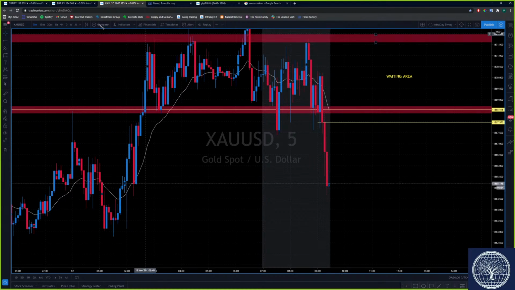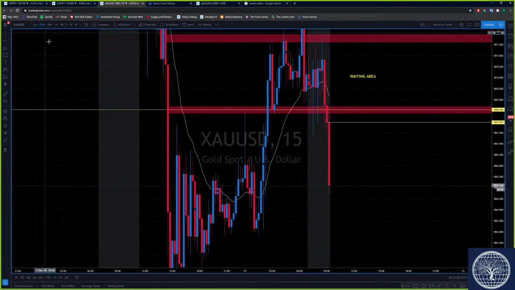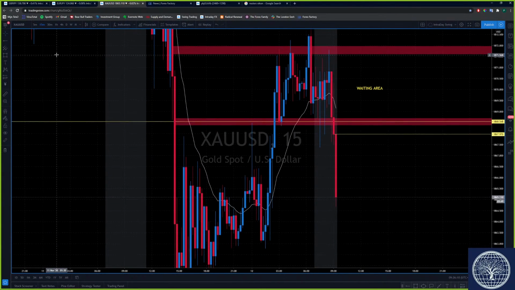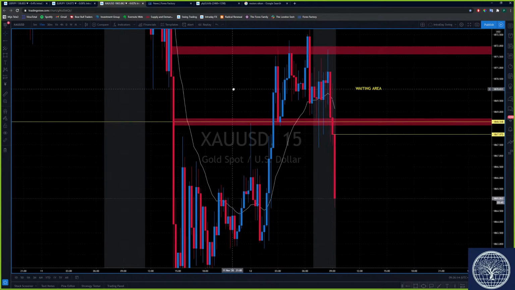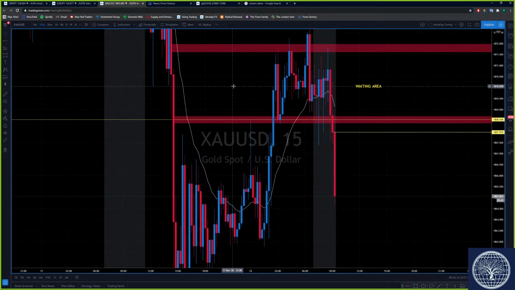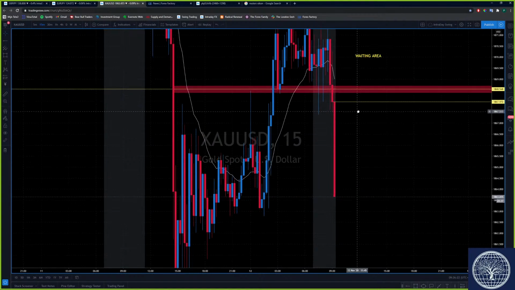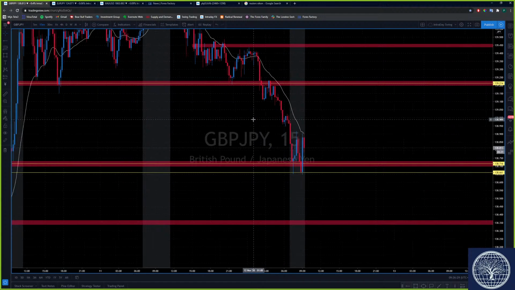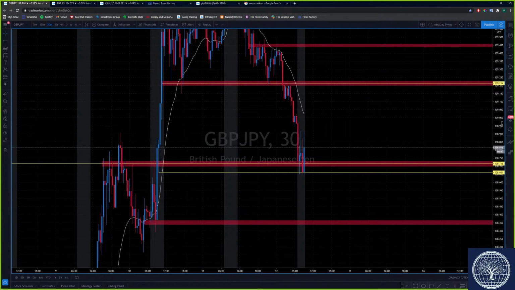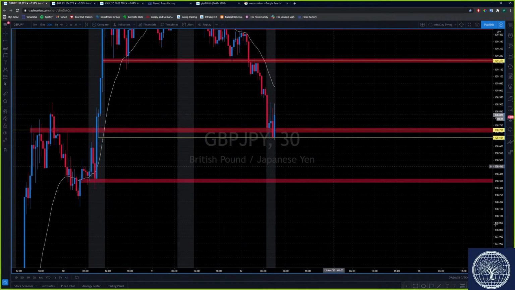Okay, well, you mean it moves a lot? Yeah, it moves a lot, so it doesn't give you the time to close early, because by the time you start feeling impatient, gold will be like 100 pips in. With GJ, you might have to wait 30 minutes, like 15 minutes.